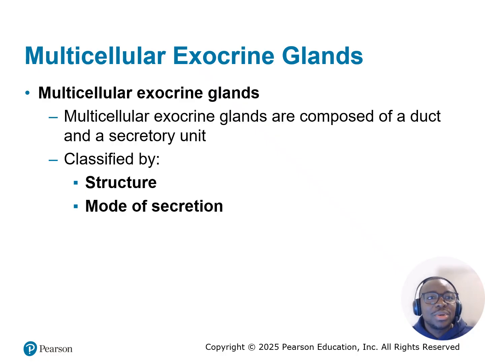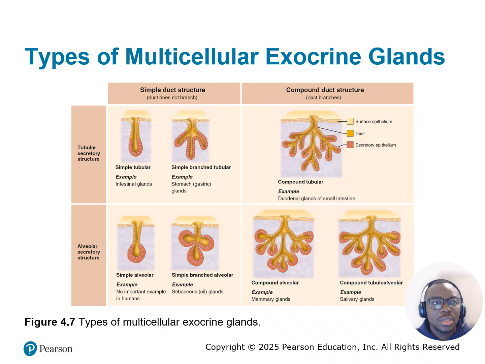Unlike unicellular exocrine glands, multicellular exocrine glands are structurally more complex. They consist of two parts, an epithelium-derived duct and a secretory unit. Multicellular exocrine glands can be classified based on their structure and mode of secretion. Structurally, they are classified on the basis of their duct structure as either simple or compound. Simple glands have unbranched ducts.